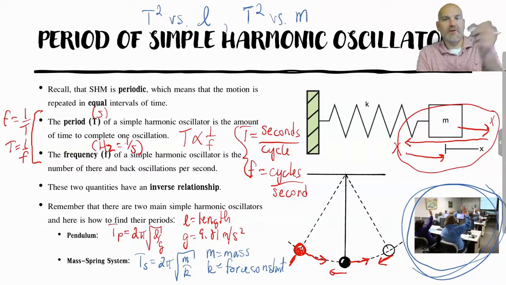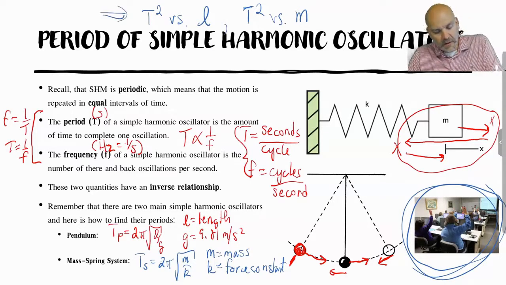Your L would be on the x-axis and T squared on the y-axis for the pendulum, and for the mass spring, mass would be on the x-axis and period squared on the y-axis. These will give you linearized data.